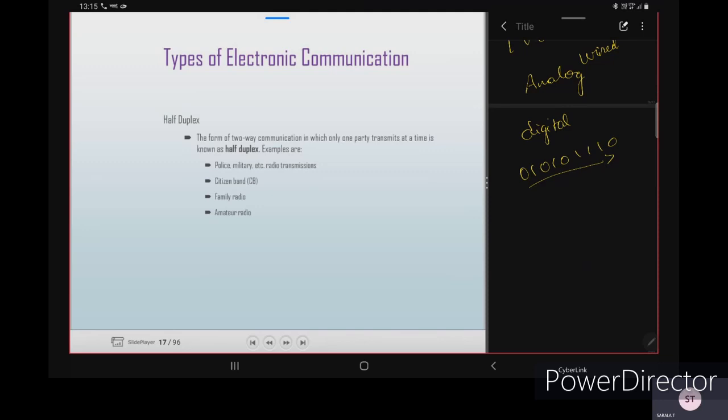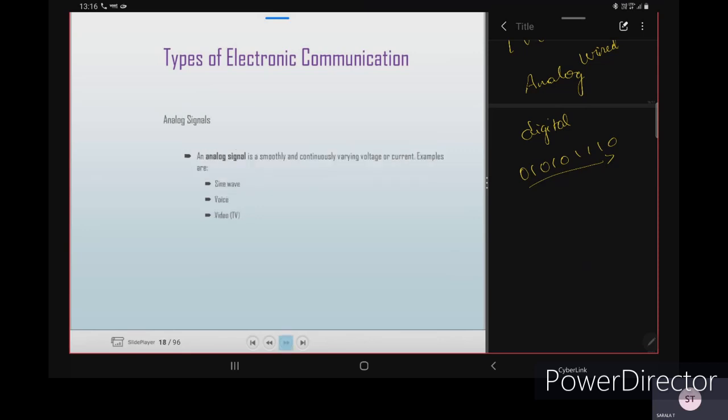After completion of the transmission, the other person at the destination can give the information. That is half duplex. Citizen band, family radio, and amateur radios also work the same as military radio transmissions. But in military transmission you have a high level of security. The remaining radios are for normal entertainment or fun data transmissions.